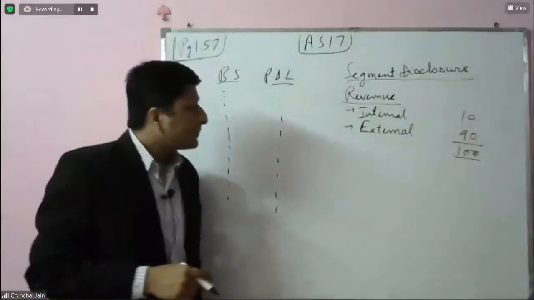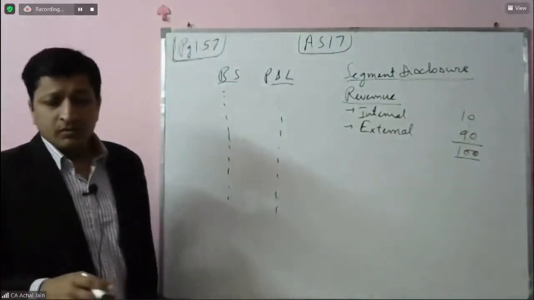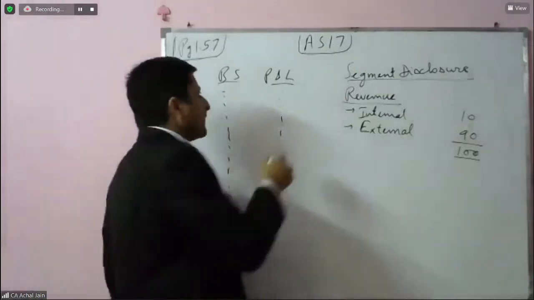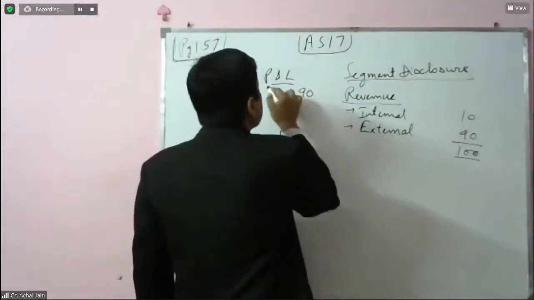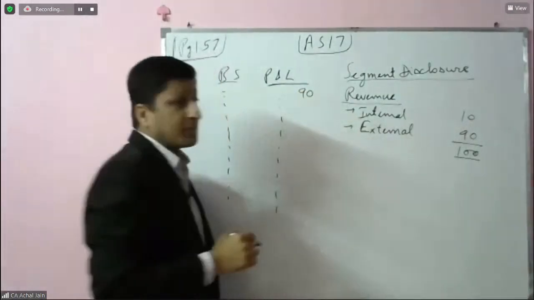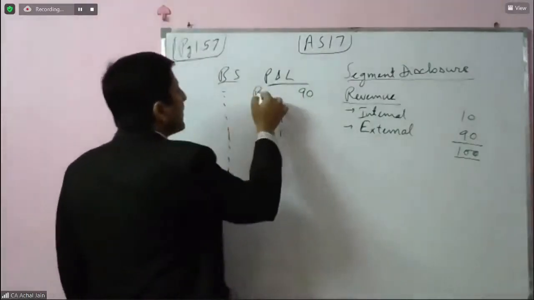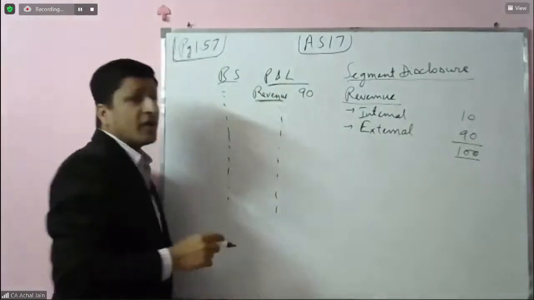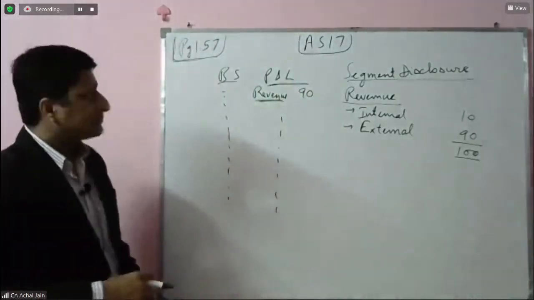Correct. Now this revenue which you are disclosing in the segment disclosure should tie to the number which is disclosed in the P&L. Because in the P&L you would have given the revenue. The revenue would have been reported. Correct.